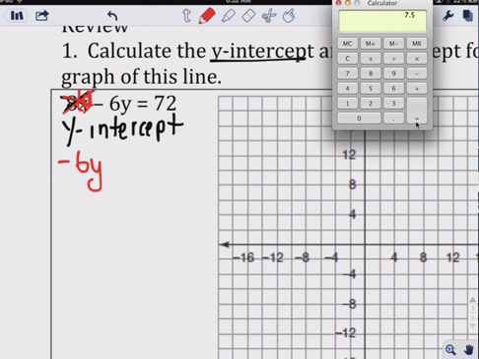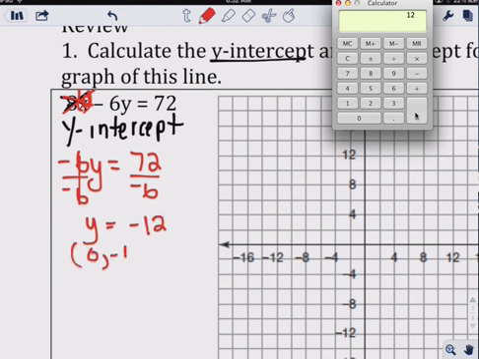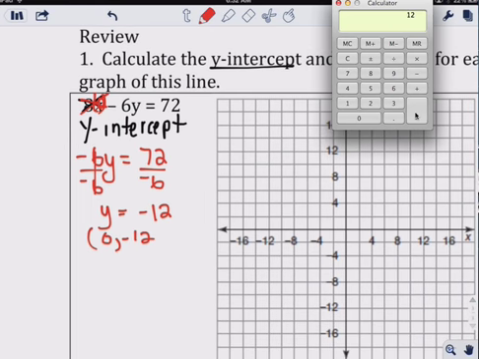So 0 minus 6y is negative 6y equals 72. Divide by negative 6. Y is negative 12. So the y-intercept is (0, negative 12), which is right there.